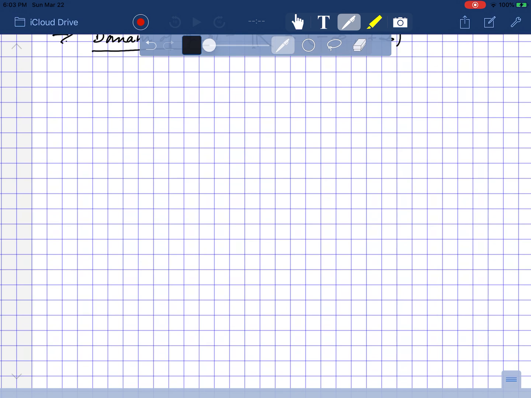Well, let's plot some points. That'll get us at least an idea as to what this exponential function's graph might look like. So here's my y-axis, and here's my x-axis.